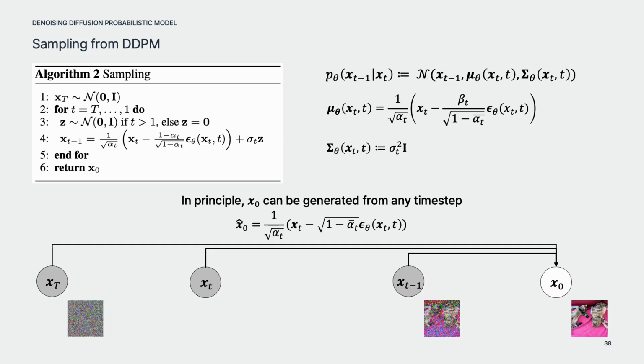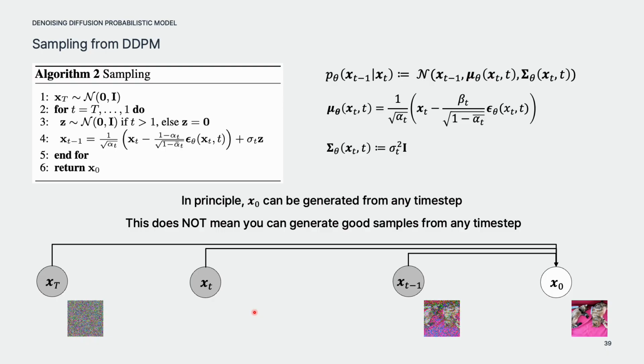One noticeable thing is that in principle, x0 can be generated from any time step. Since epsilon theta is predicting the noise from data to current given latent, we can simply subtract the noise to get the data. So if we recall the formula for q of xt given x0, you could reverse that to go from xt to x0.